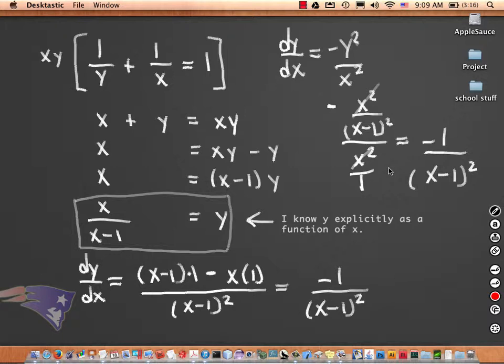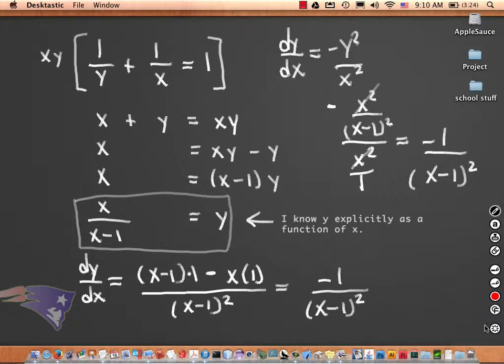The only difference between implicit and explicit is that when you implicitly differentiate, you are admitting that you don't know what y is as a function of x. You don't know the analytic form of y. You don't know the equation for y as a function of x. That's the only difference.